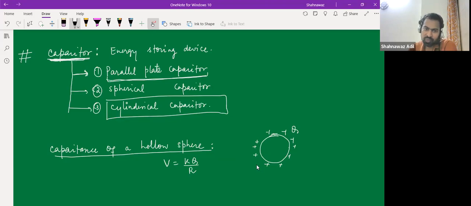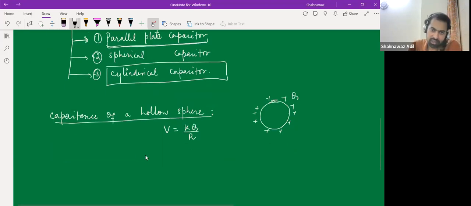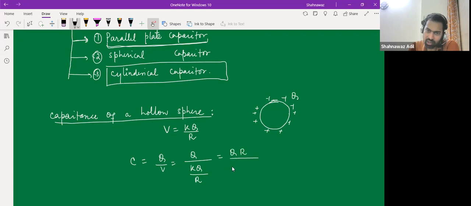So the capacitance is how much? Q by V. Right. So Q is Q, and V is KQ by R. So this R goes in the numerator, and K is 1 by 4 pi epsilon naught.